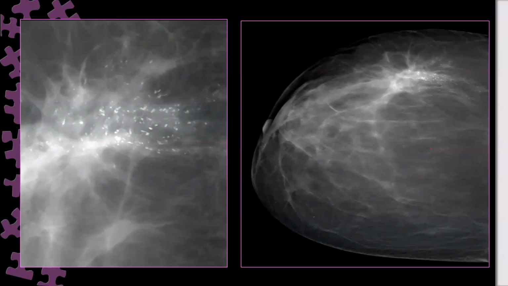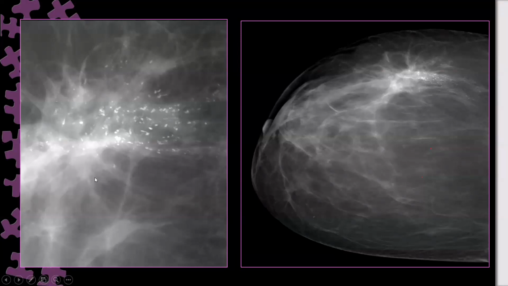Okay? And you can say more than that. You can say this is linear because there are some linear ones, even though they are fewer than the pleomorphic, but because it is more suspicious, you will say this is linear and linear branching calcification associated with high density.